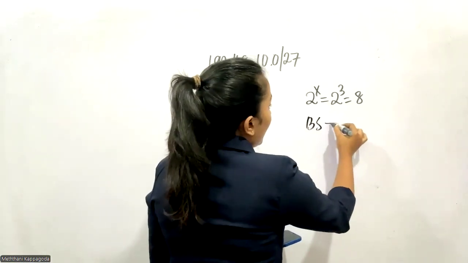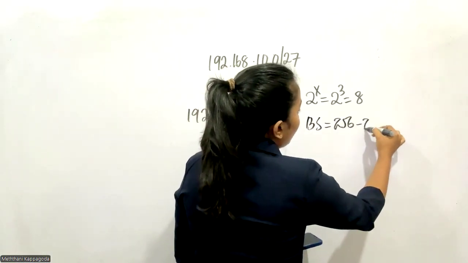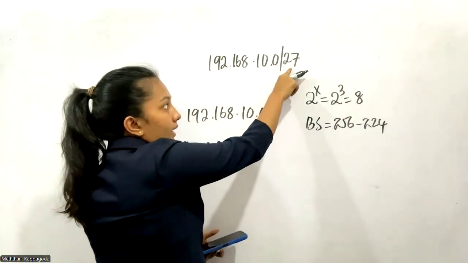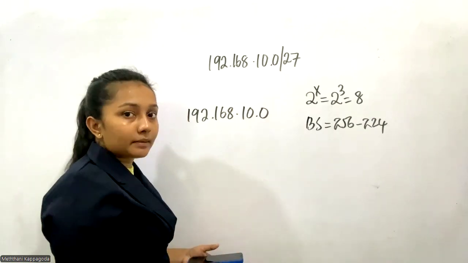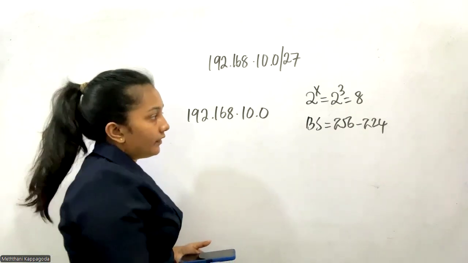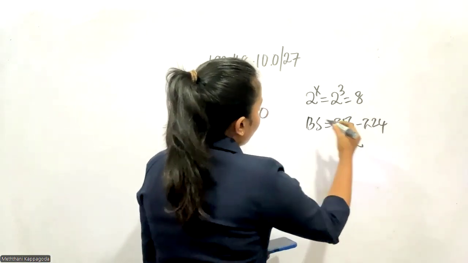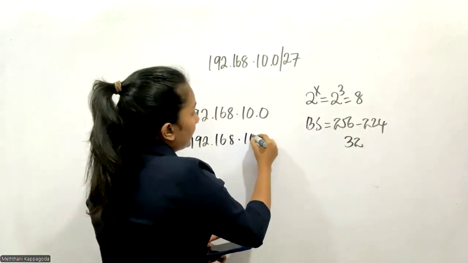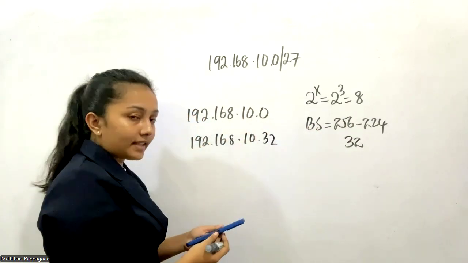Block size is 256 minus 224. Why did I get 224? Because if you convert this /27 into the subnet mask, you will get 255.255.255.224. Therefore, the block size is 32. Then the next address is 192.168.10.32. Likewise, you can get all the subnets.